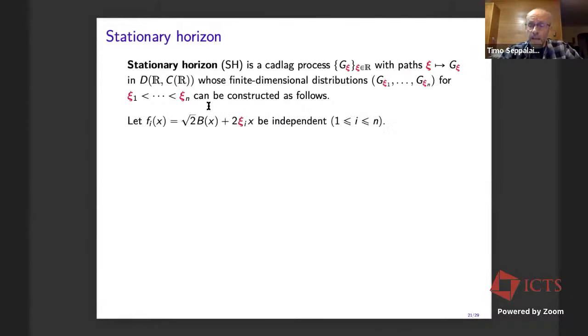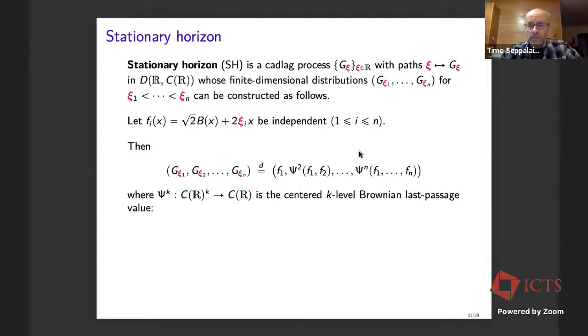So it goes by a mapping. The mapping takes as input a bunch of independent Brownian motions with drift. So here I have Brownian motions with diffusion constant square root 2 and drifts 2 times xi. So I take n of them. And then I map them in a very specific way. That's the right-hand side here. This constructs the finite dimensional distribution of the stationary horizon.